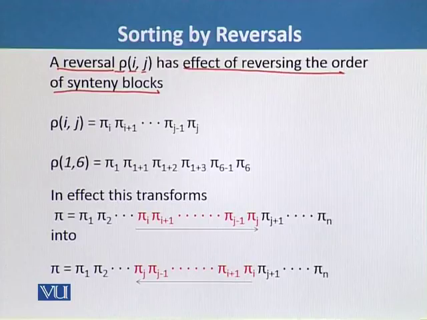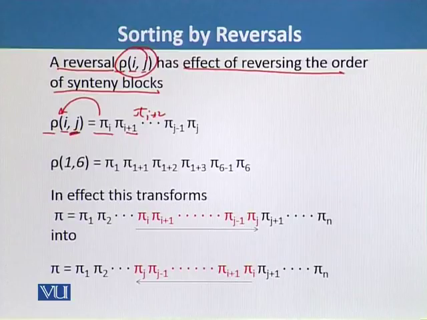So if we assume this rho(i, j) equals pi i, and we increase the order by adding pi i plus 1, pi i plus 2, and so on until we reach the terminal value j, and before j arrives we have j minus 1, and the terminal figure is pi j.